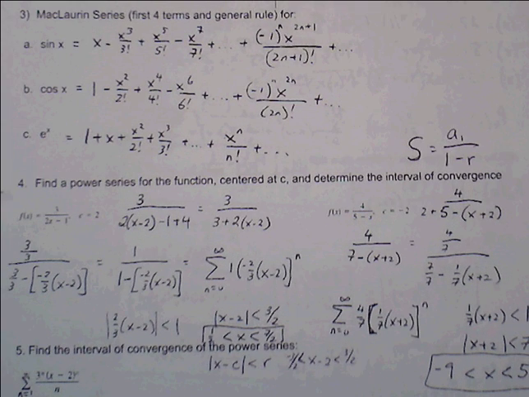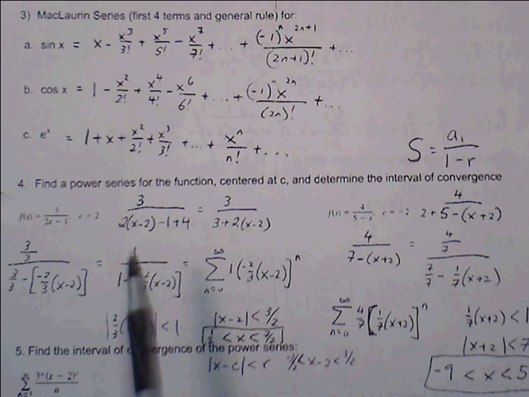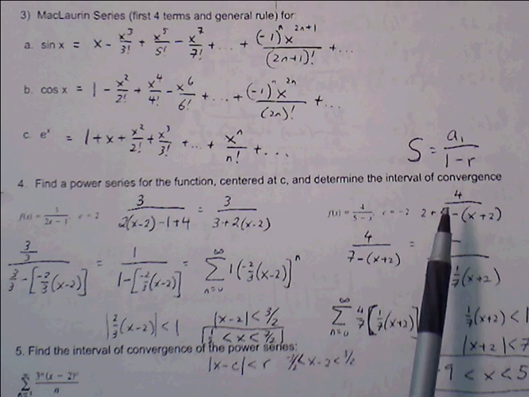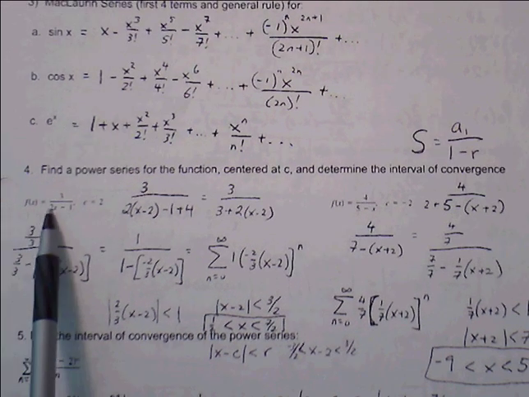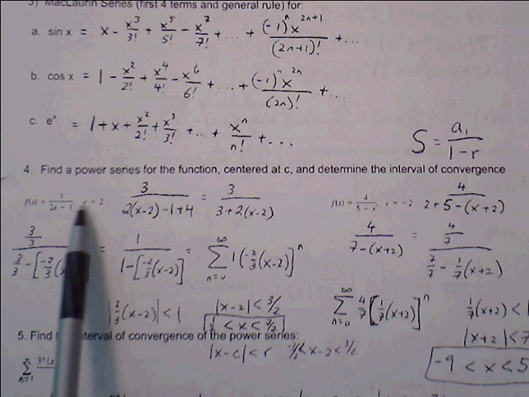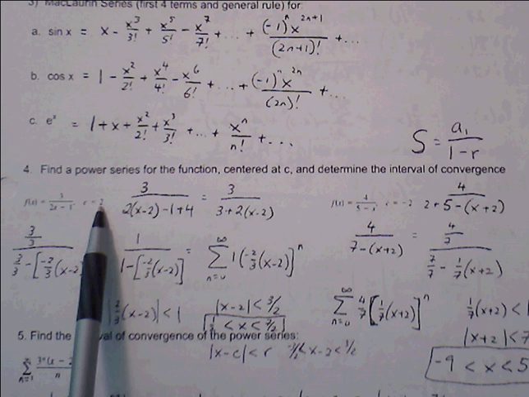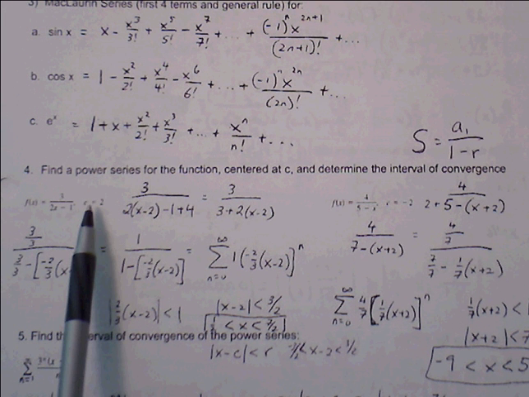Find the power series for the function centered at c, and determine the interval of convergence. So what we're trying to do is we have f of x equals 3 over 2x minus 1, but we want this to be centered at c equals 2. But this is also in the form of a geometric series.